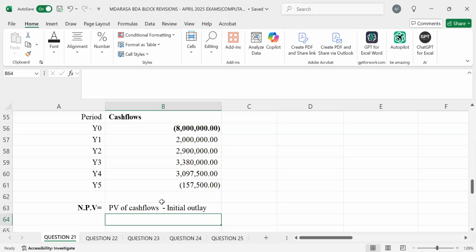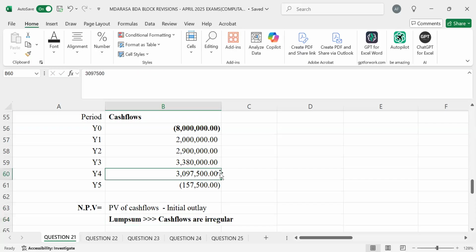Lump sum, we are going to use the lump sum formula where our cash flows are irregular, or simply unequal. This is what we said.